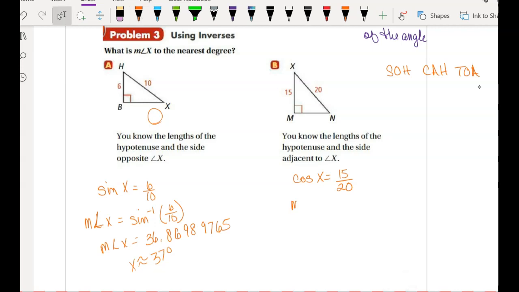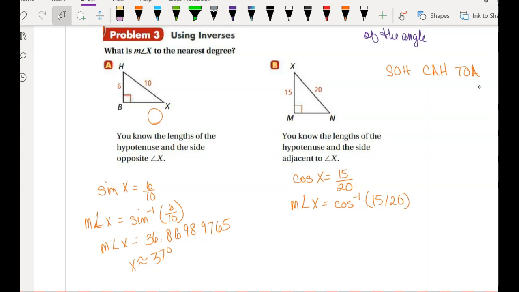So we've got the measure of angle x is equal to the inverse cosine of 15 divided by 20.